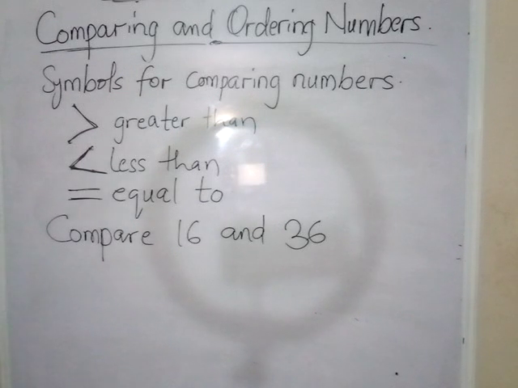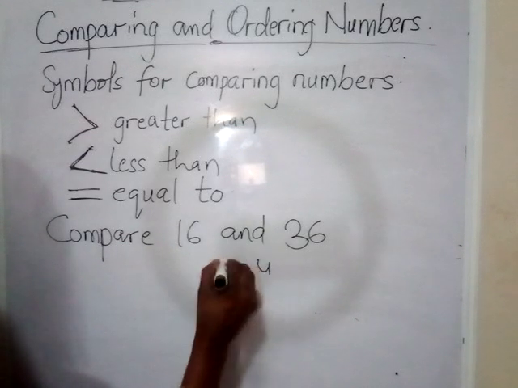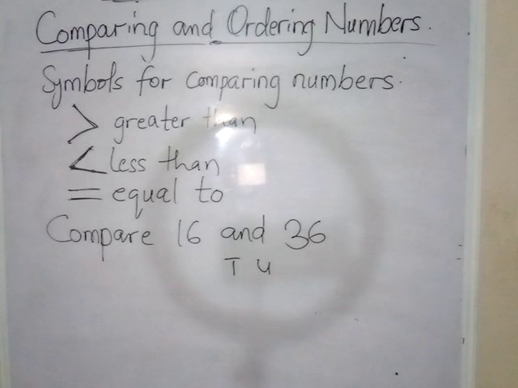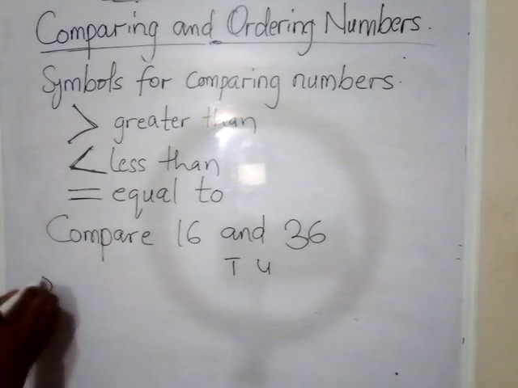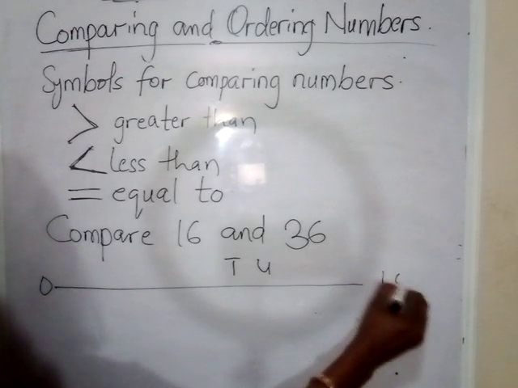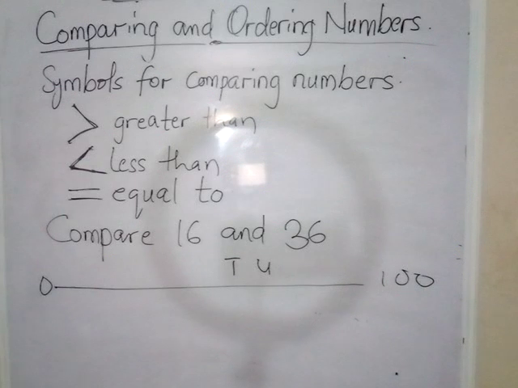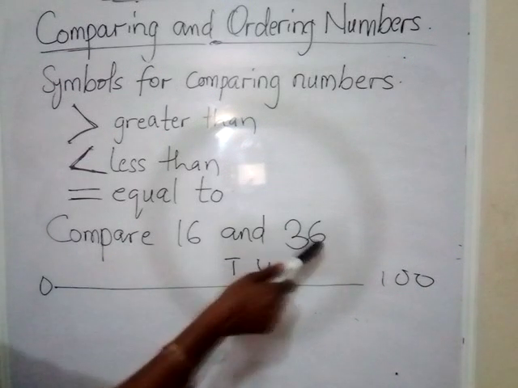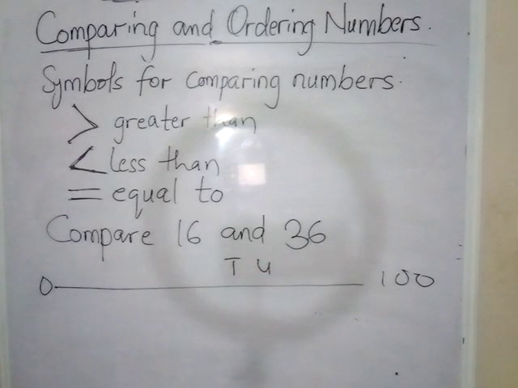You can use your knowledge of place value, remember the unit and the tens thing, or you can use the knowledge of the number line we drew. You can use either of them to determine which is bigger between these two numbers.